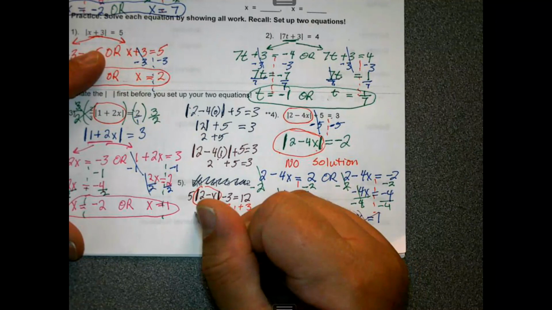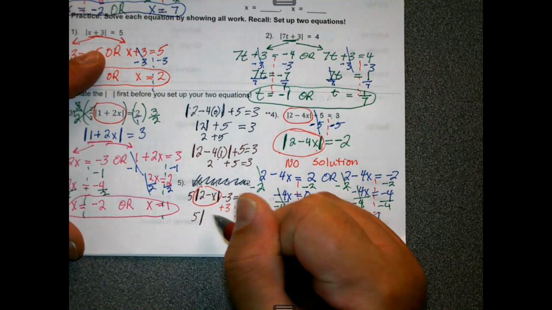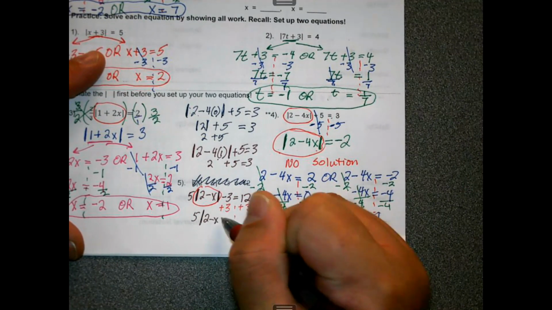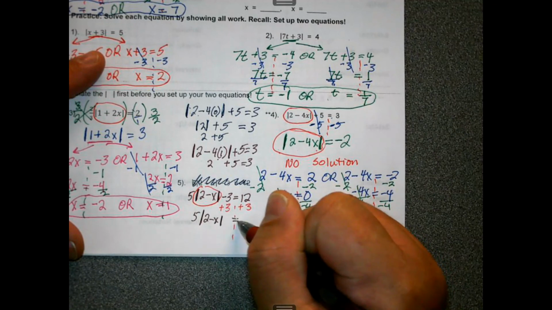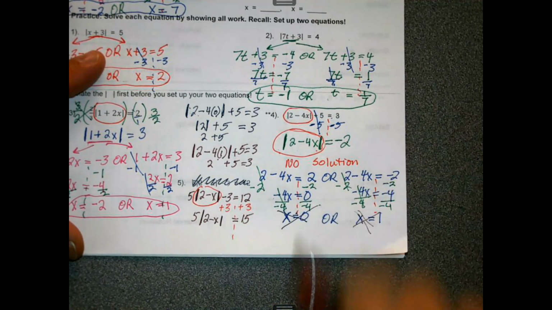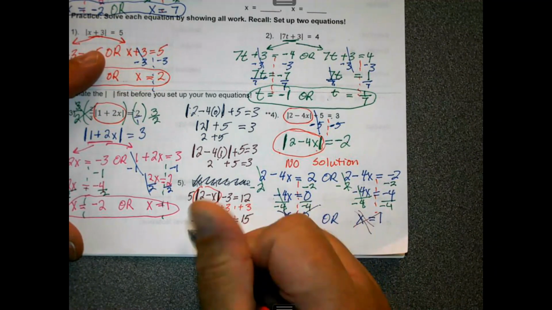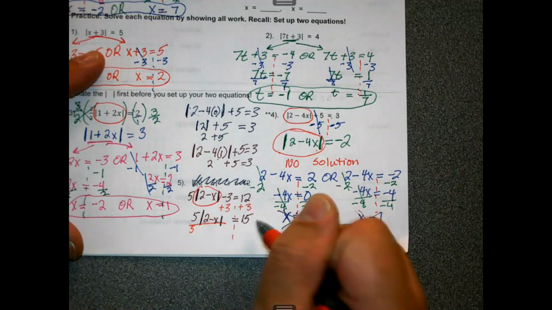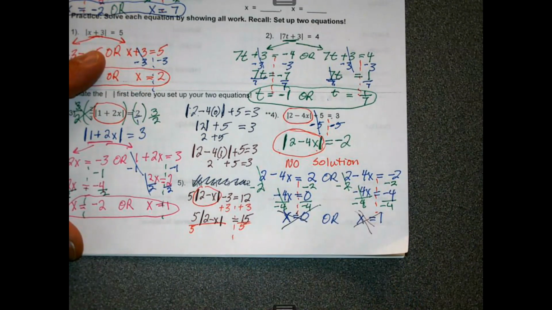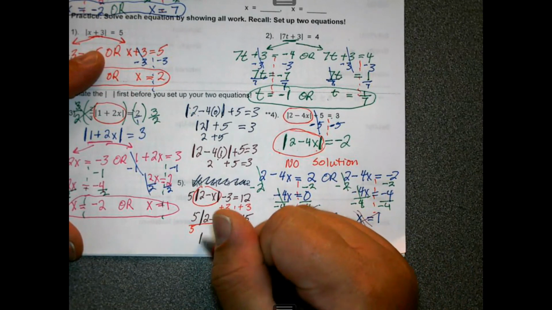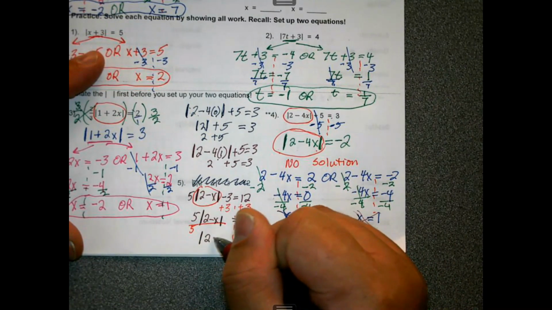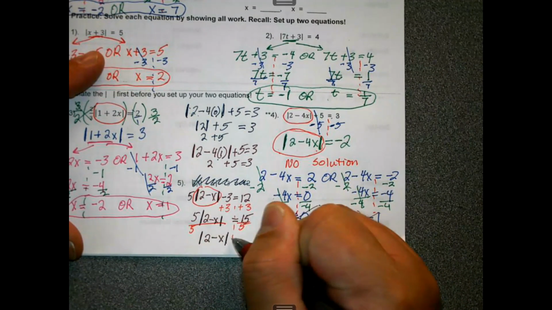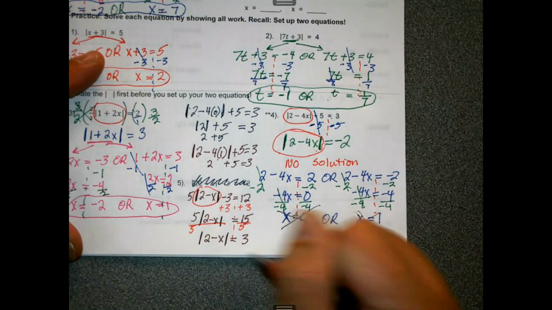I have 5 times the absolute value bars of 2 minus x equal 15, and then divide by 5. So you have the absolute value bars of 2 minus x equal 3. Then you would separate and solve.